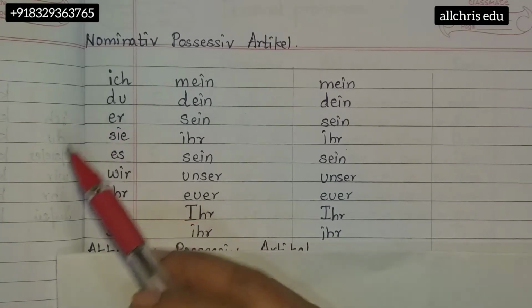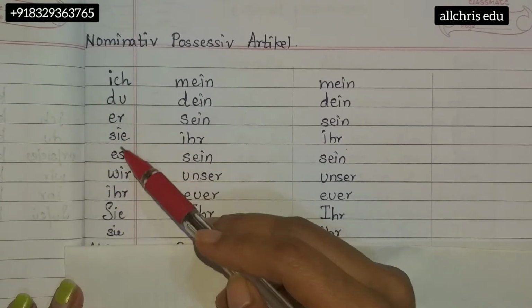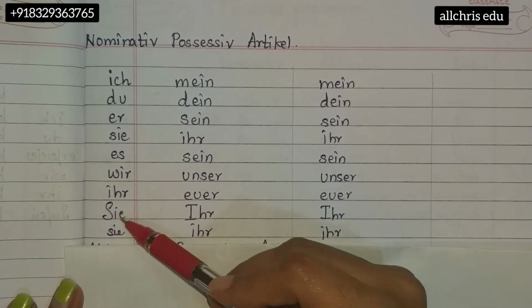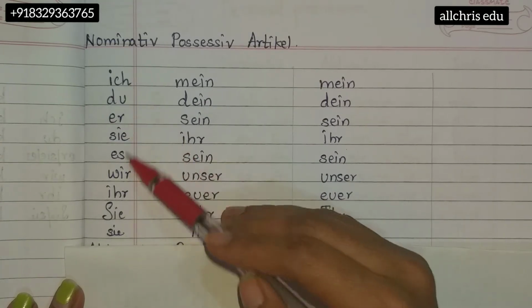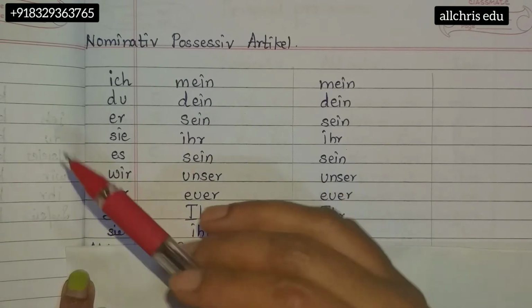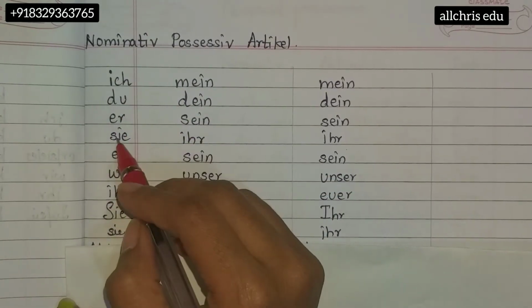Now, in this first column, you're going to write the personal pronouns: ich, du, er, sie, es, wir, ihr, Sie (big S), sie (small s), which you have been learning since the beginner time. You're learning these as personal pronouns. So you know these pronouns. This is not your possessive article. Also keep this in your mind.